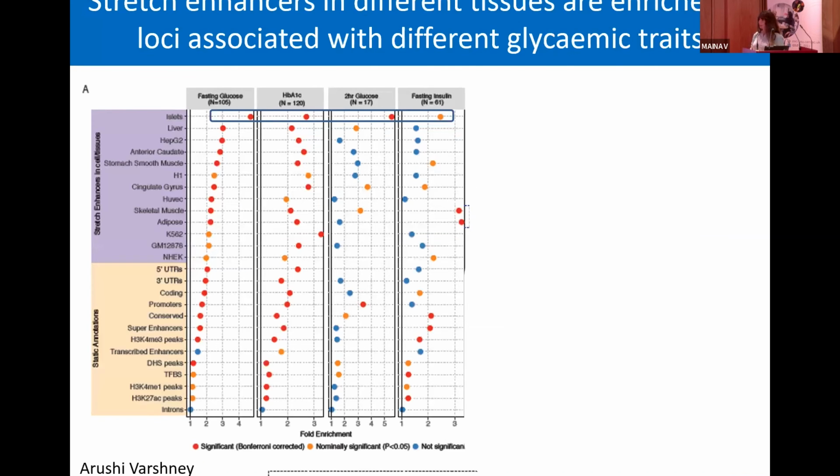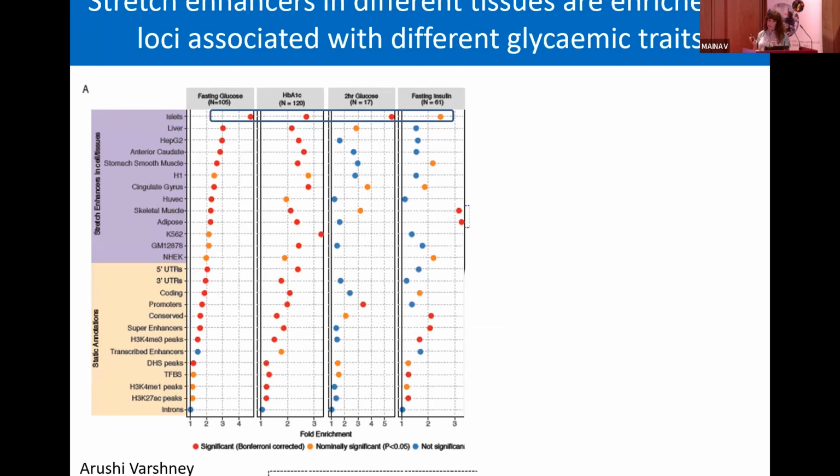And so we looked at a number of different features in the genome. Some features are the same, so 5' UTRs, coding, etc., that don't change by cell type, and then some features that are more specific to different cell types, such as, for example, stretch enhancers.